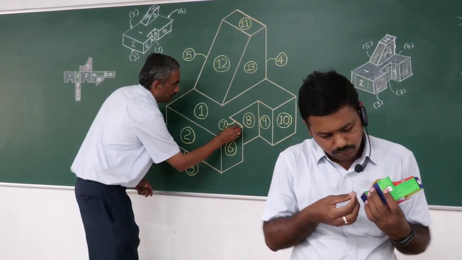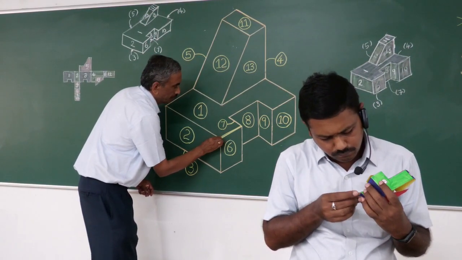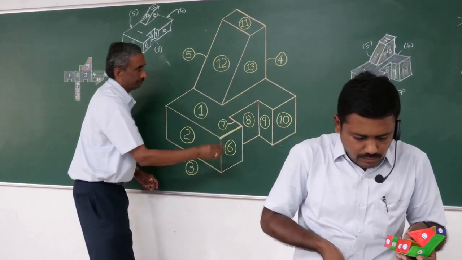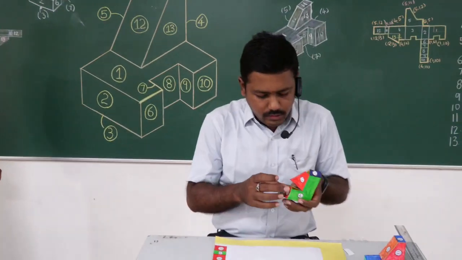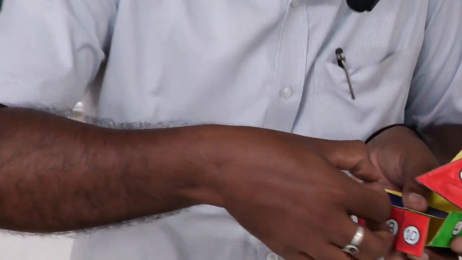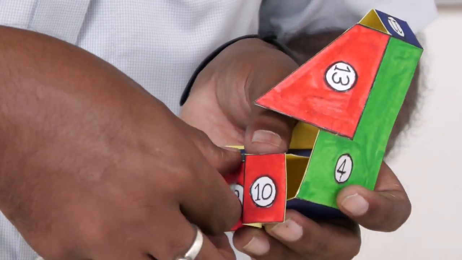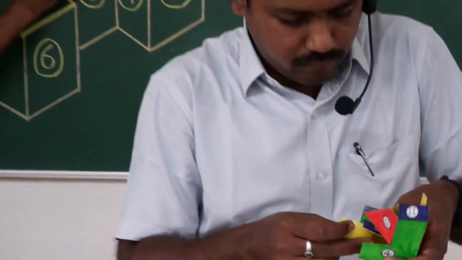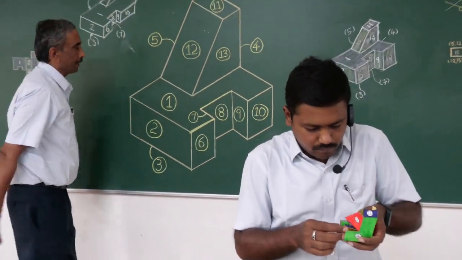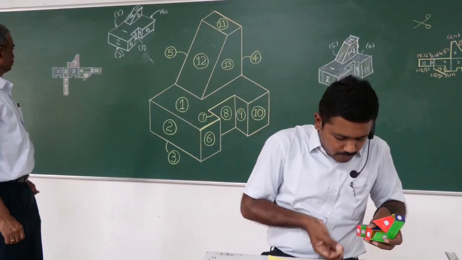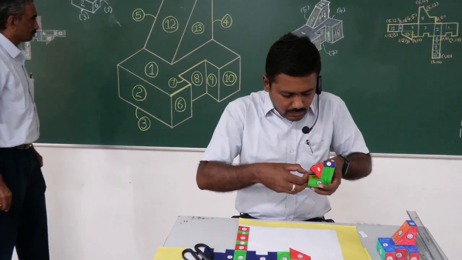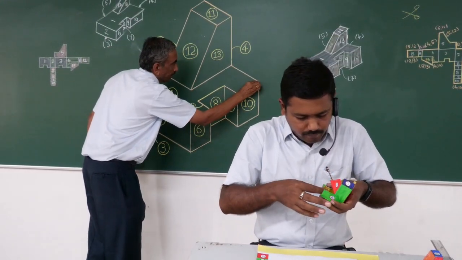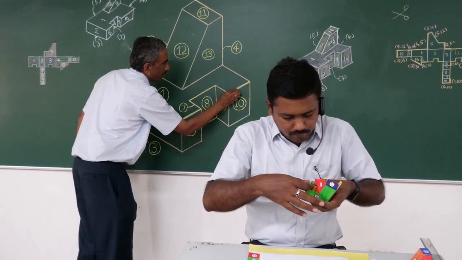This is the pasting sir has done now. Next, I am going to paste the edge between 8 and 1. This is 1, this is 8, and 1 and 8 are pasted here. Then I am going to paste the edge between 1 and 10. 1 and 10 pasting is done here.